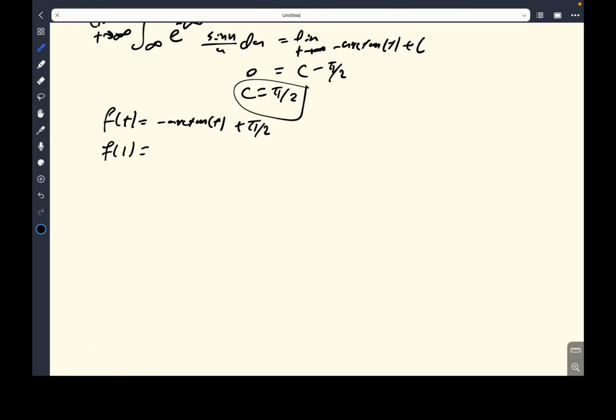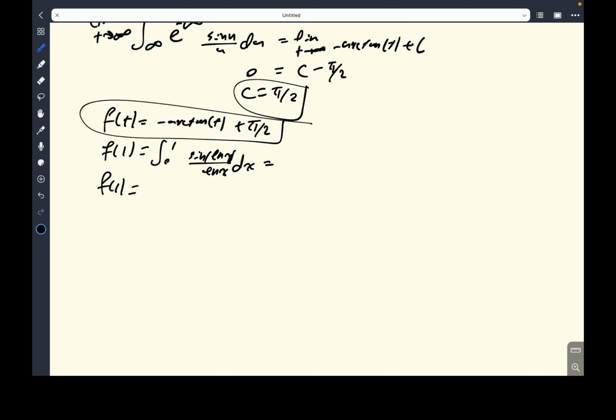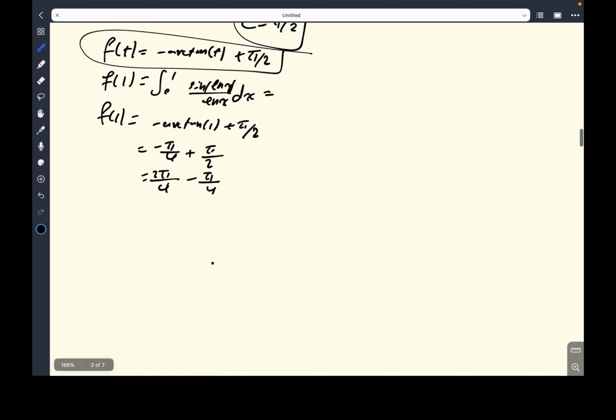We were looking for f of 1, which was the integral from 0 to 1 of sine of ln x over ln x dx. Now if I substitute t equals 1 into the function, it's going to be negative arc tan of 1 plus pi over 2, which is negative pi over 4 plus pi over 2, which is 2 pi over 4 minus pi over 4, which is in fact pi over 4.